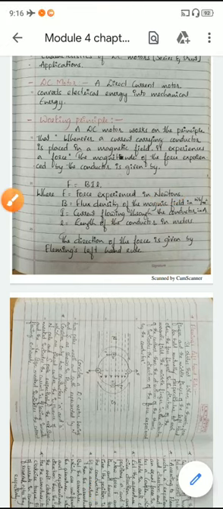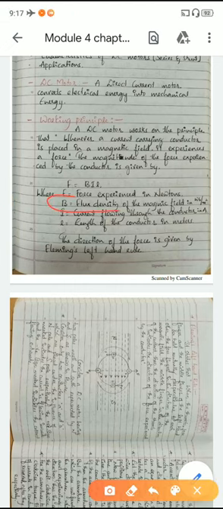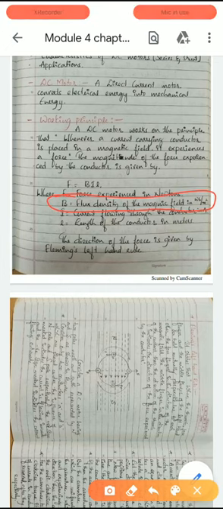Next, B is the flux density of the magnetic field, because we are going to place a conductor in a magnetic field. The magnetic field intensity or flux density is given by the letter B, which is measured in Weber per meter square, which we have already discussed.